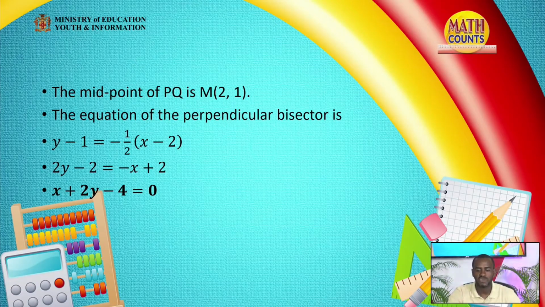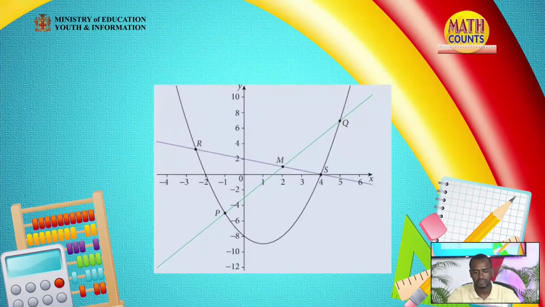Let us take a visual look at what our graphs are. So here we have the two lines. We have the line represented by PQ and the perpendicular bisector RS. And as you can see here, it may not look like they are perpendicular, but it looks this way because of the scales that are used.